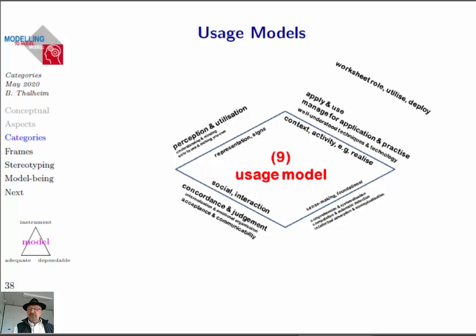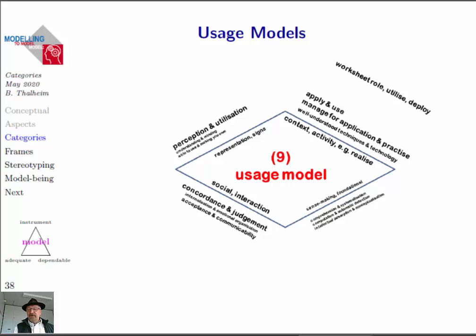For this reason, the usage model has mainly some kind of worksheet role for utilizing, for deploying something, maybe especially the origins. For this reason, we have, of course, a bit of perception and utilization within the representation aspect, and a bit of concordance and judgment in the social and interaction aspect.